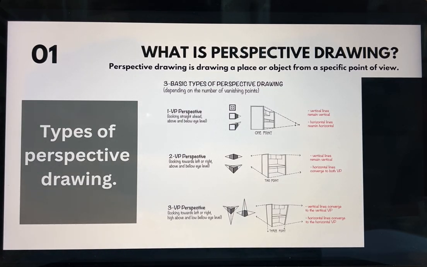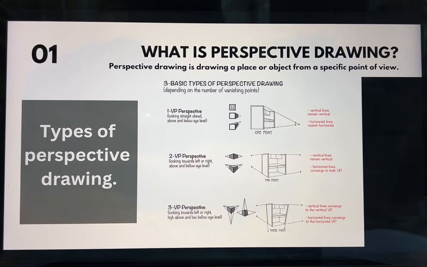There are many types of perspective drawing. There's 1-point, 2-point, and 3-point represented here on the screen. I've seen up to like 5-point perspective. The higher you go, the more complicated the drawing gets, but you can accomplish a lot with just 1-point and 2-point perspective. The points they are talking about are called the vanishing point, and that's where all the lines converge.